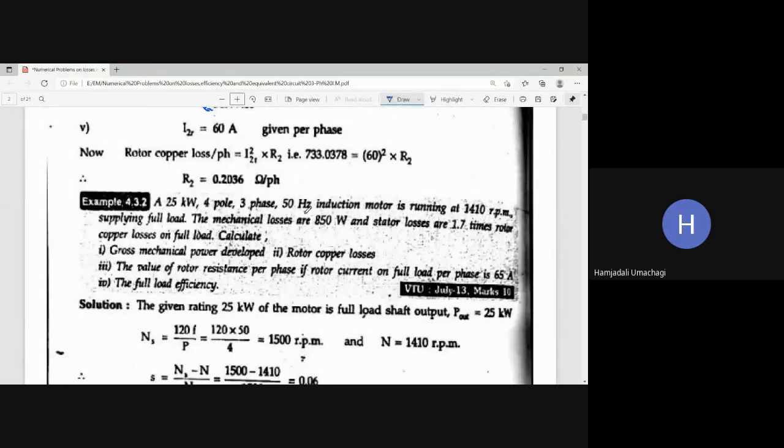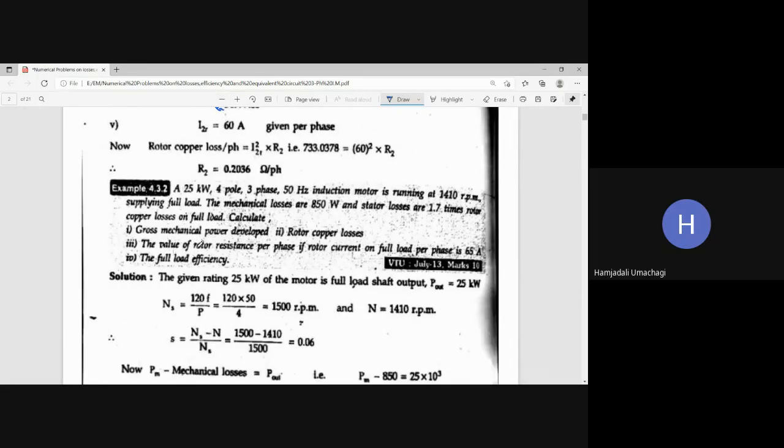The mechanical losses are 850 watts and stator losses are 1.7 times rotor copper losses on full load. Calculate first the gross mechanical power developed, PM, the rotor copper loss, PC, then the rotor resistance per phase if the rotor current on full load per phase is 65 ampere. After that, we should also calculate the full load efficiency.